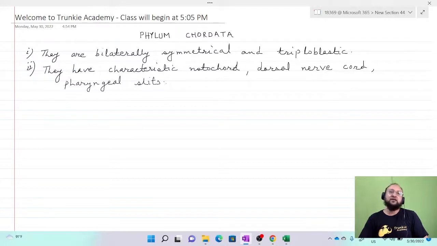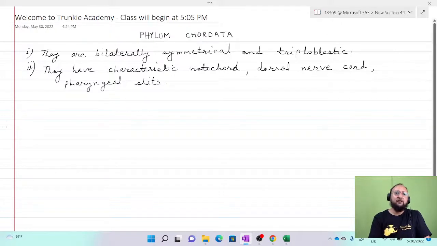Notochord is a structure which later develops into the vertebral column in vertebrates. The dorsal nerve cord is on the dorsal side, and in the embryonic stage some gill slits are observed, and even in some lower chordates they are present in the adult stage also.